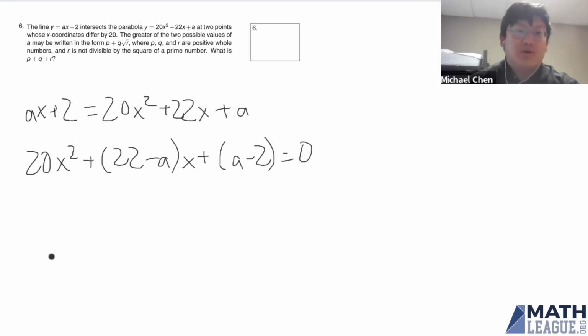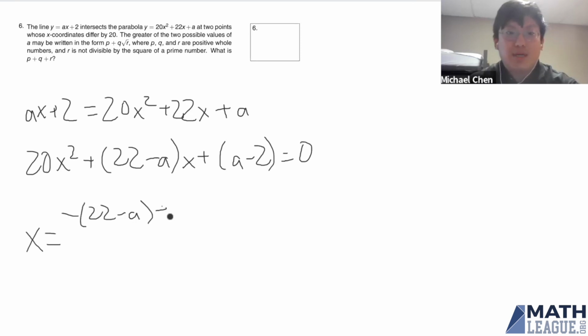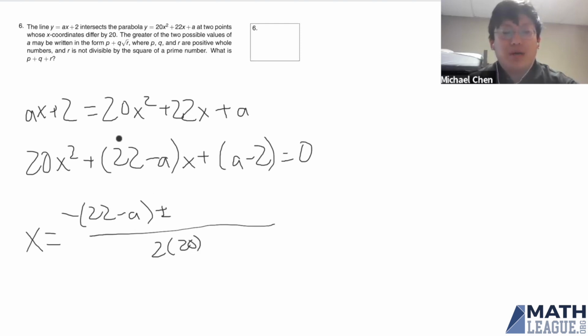We're going to use the quadratic formula to get x equals negative (22 minus a) plus or minus the square root, all over 2 times 20, and we have under this square root (22 minus a) squared minus 4 times 20 times the quantity a minus 2.